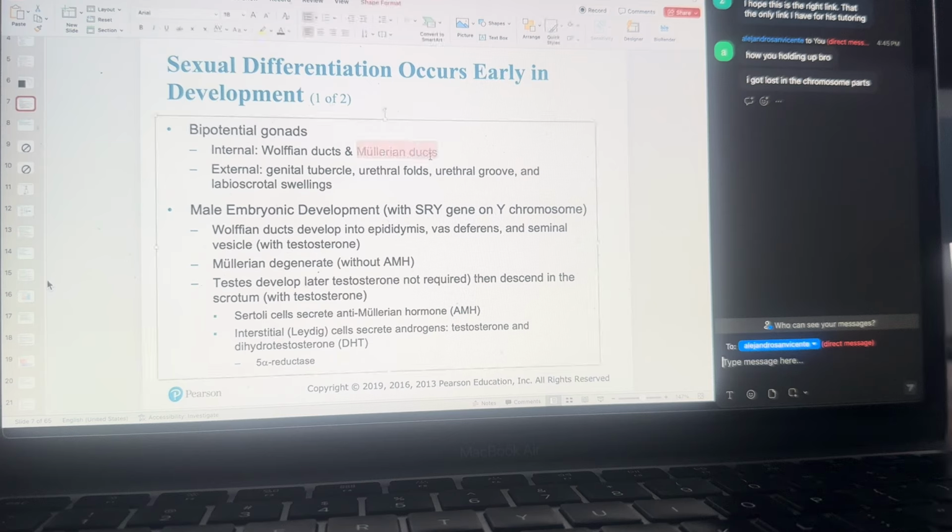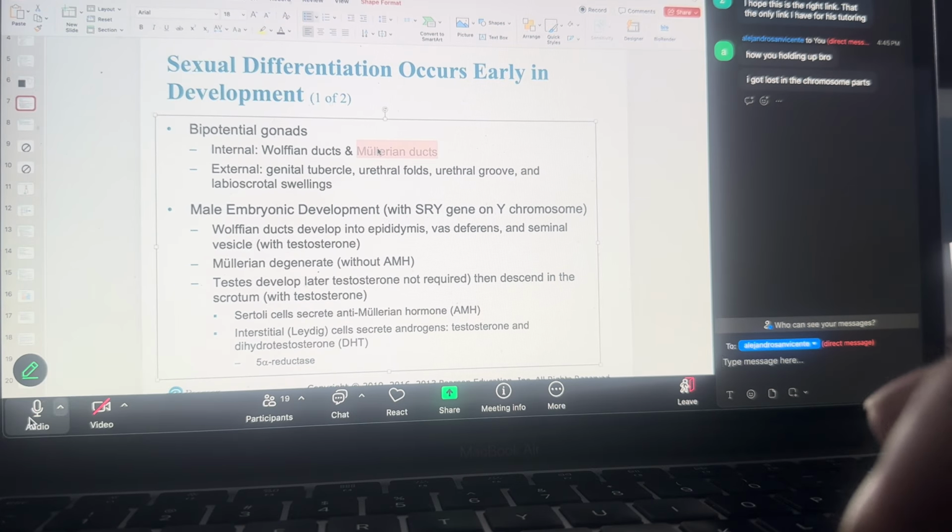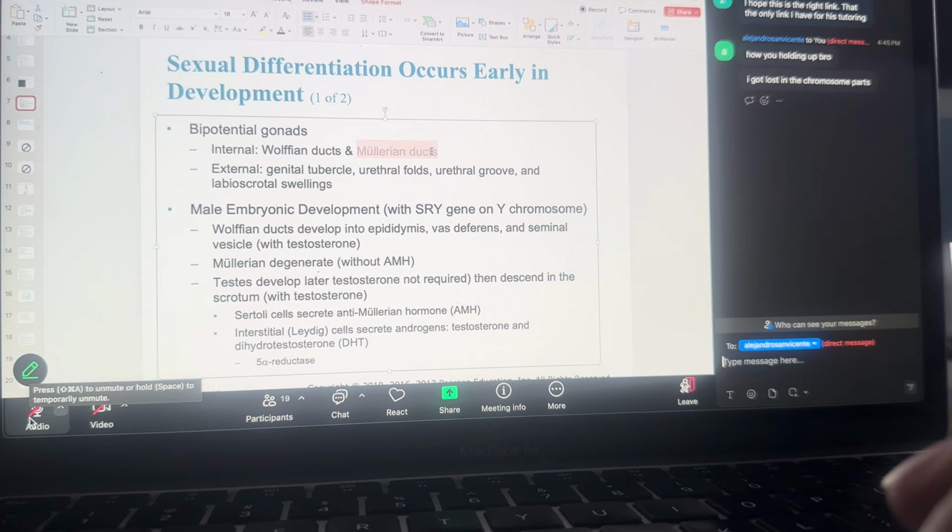Mullerian ducts are structures that all fetuses have, but one of these two structures is going to survive depending on whether it's a male or female. If it's a male, it's going to destroy the Mullerian ducts and promote the growth of the Wolffian ducts, which become the epididymis, vas deferens, and seminal vesicles. Later on, the testes will start dropping and forming.